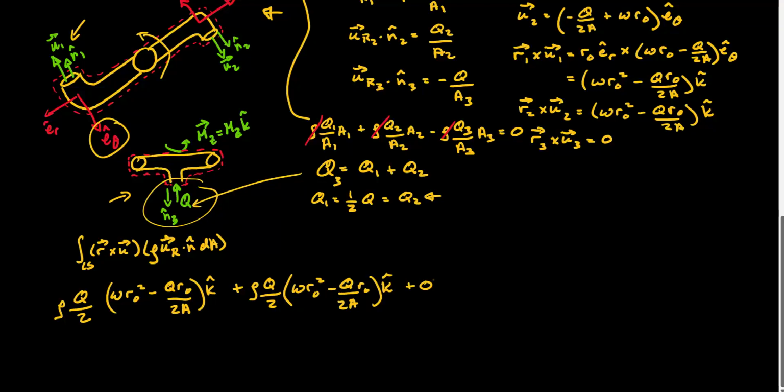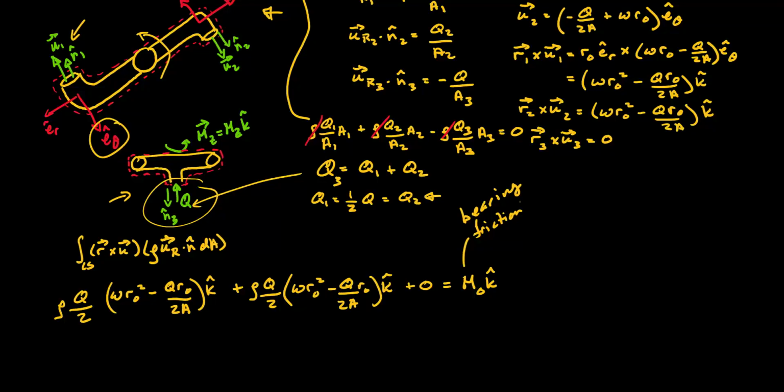And as we stated at the outset, all of this is equal to the moments about the axis of rotation in the k direction. And this would likely come from bearing friction or something like that. And so we can simplify this.